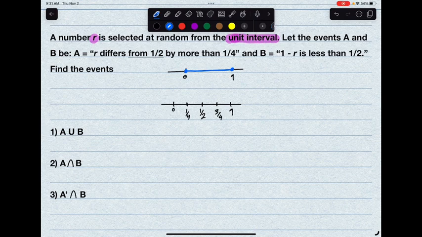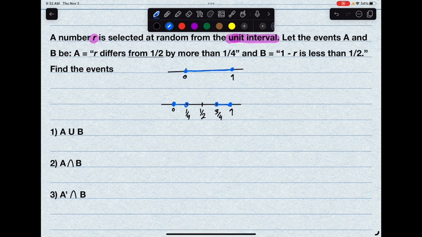So 3 over 4 is not included because its difference with 1 over 2 is going to be 1 over 4, but we need all the numbers whose difference is more than 1 over 4. So it's just 3/4 to 1. 1 is also included because it's in the unit interval. And the same here, the number 1 over 4 is not included.